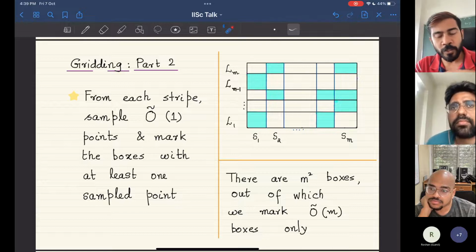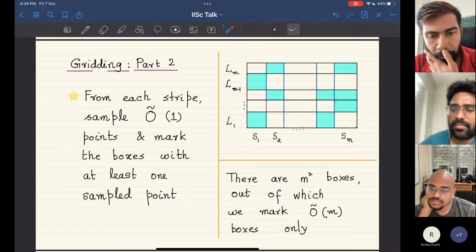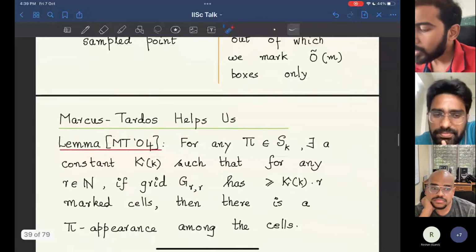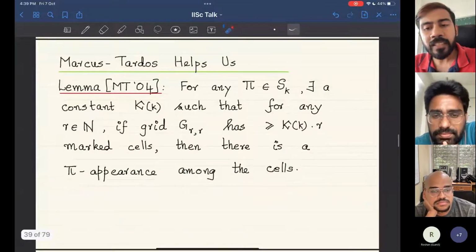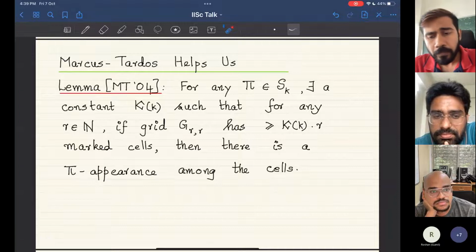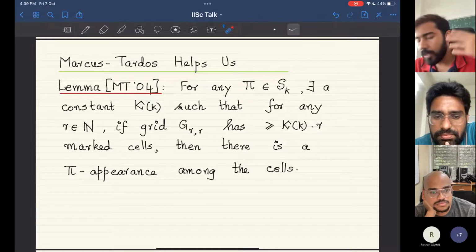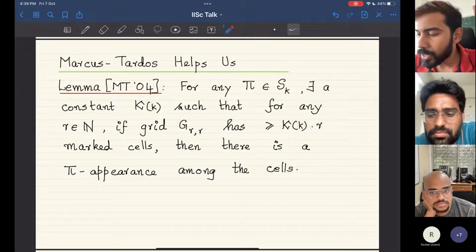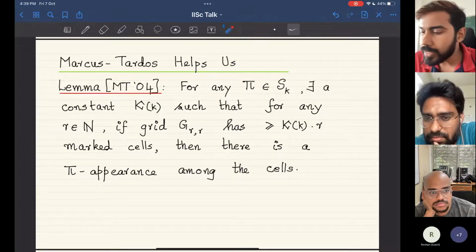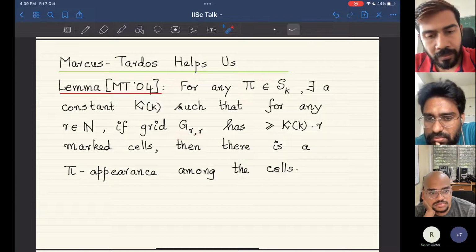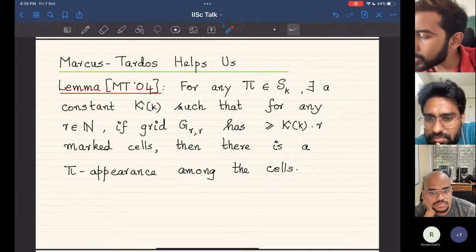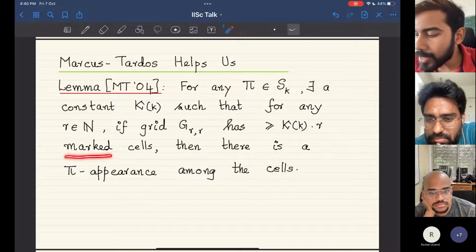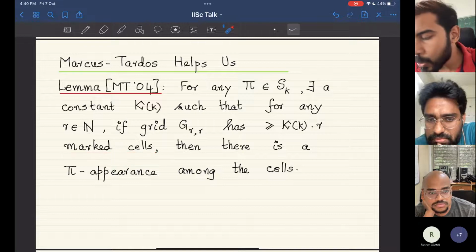Here is where combinatorics is going to help us. The main statement that comes to our help is this famous result of Marcus and Tardos, where they say that in any grid, consider an arbitrary grid that has roughly more than linearly many marked cells, then it has to contain a pi appearance among the cells.